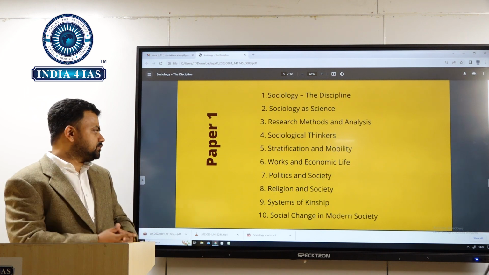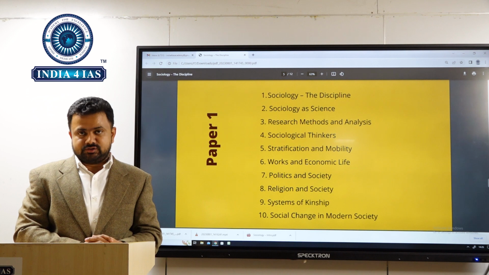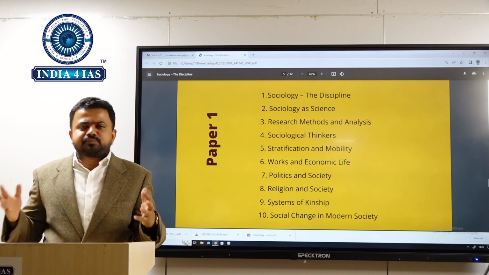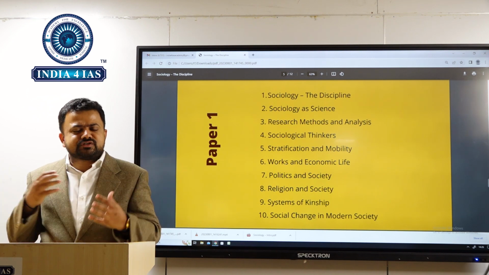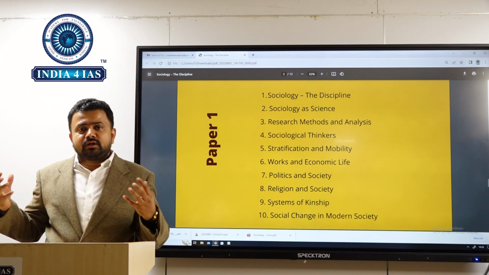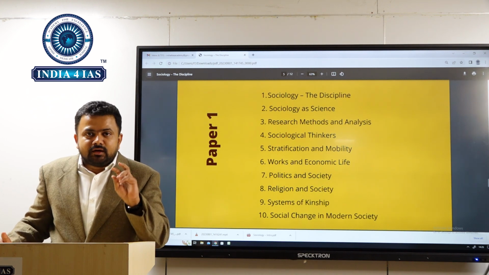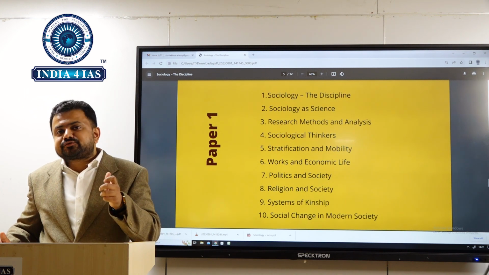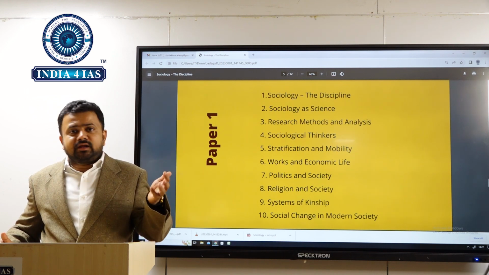So that is where the system of kinship comes in, and chapter number 10 talks about social change. You might have observed that society has been evolving over a period of time, and a lot of changes have been coming in the society. So we will be understanding the factors or agents of social change, be it education, science and technology, or many other things.